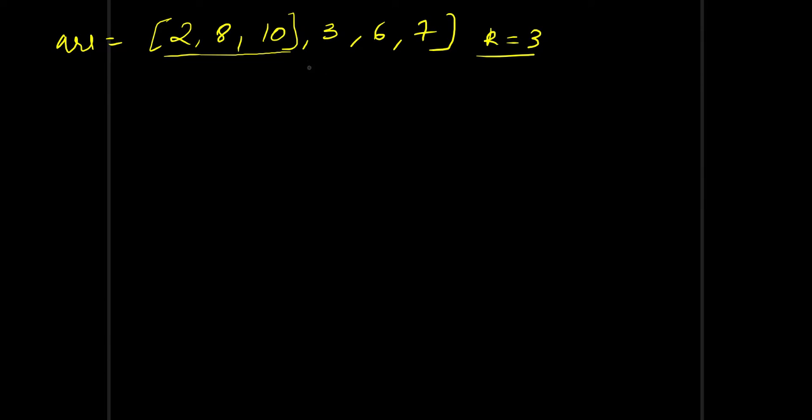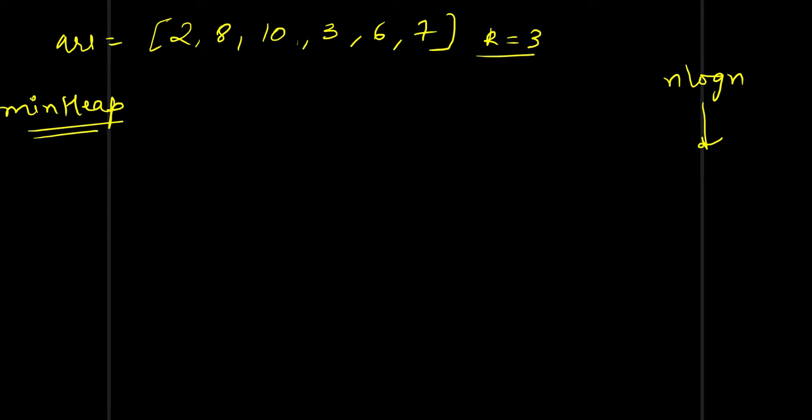Okay, so let's try to solve with another example. You will say, okay, we will use a min heap, but how do we reduce the time complexity from n log n to n log k?